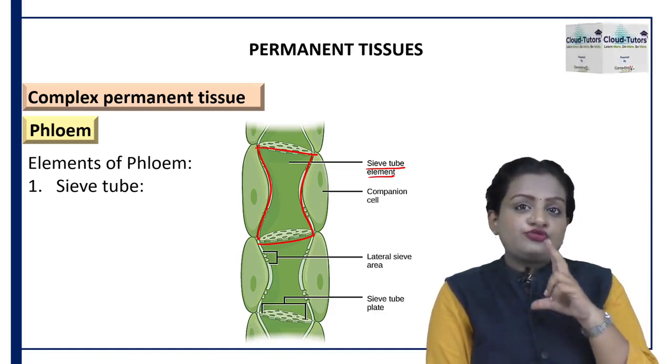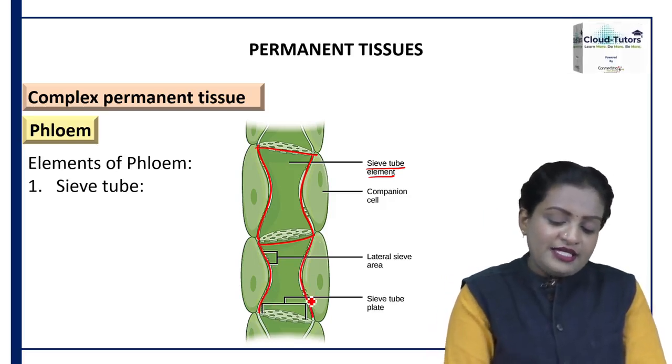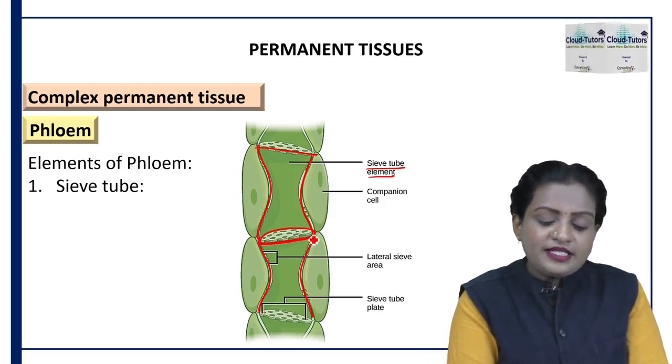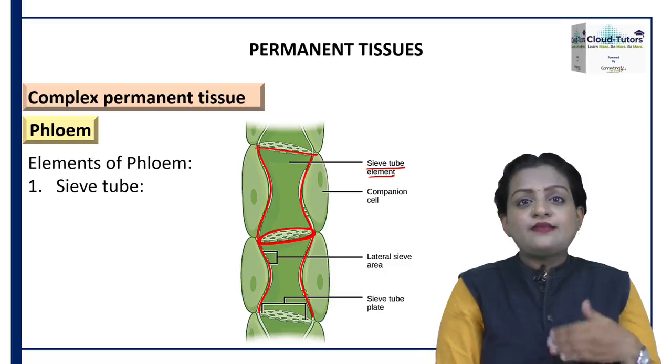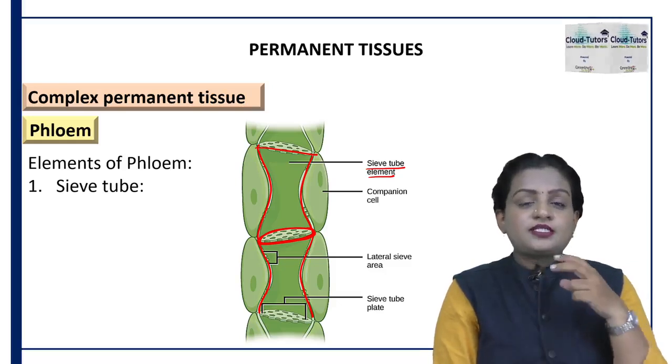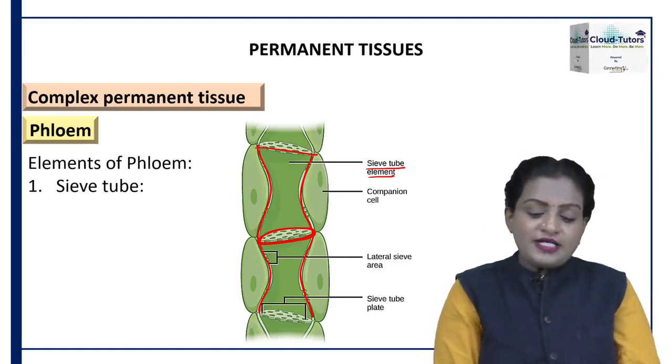And between two sieve tube elements, that is, if I take this is another sieve tube, there is a common cell wall present here. As the sieve tube element becomes more and more mature, the cell wall becomes perforated or porous and forms a sieve.